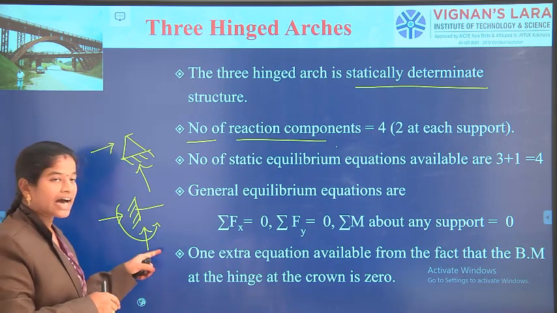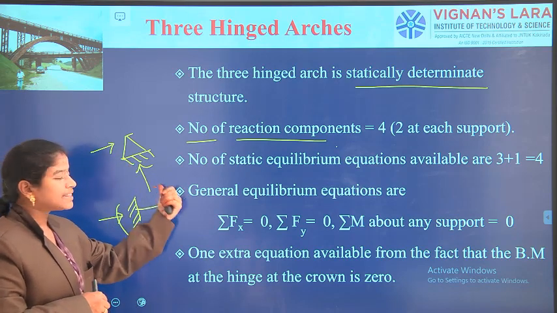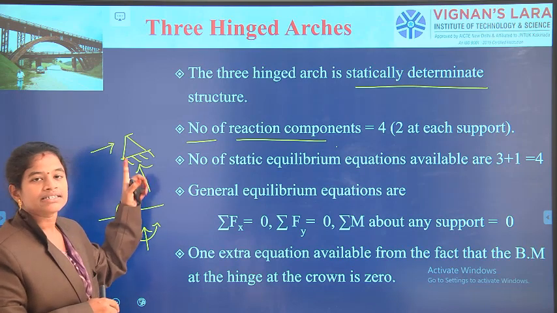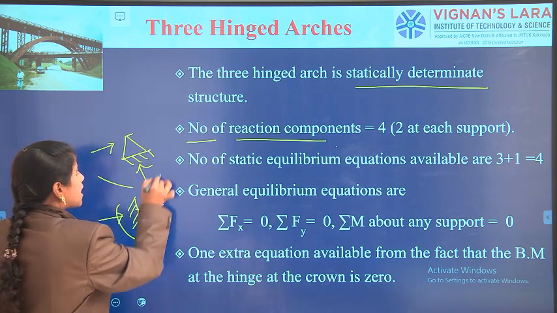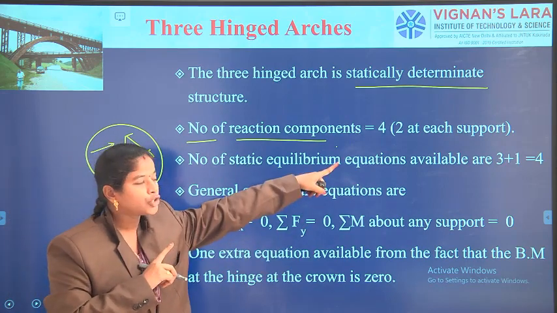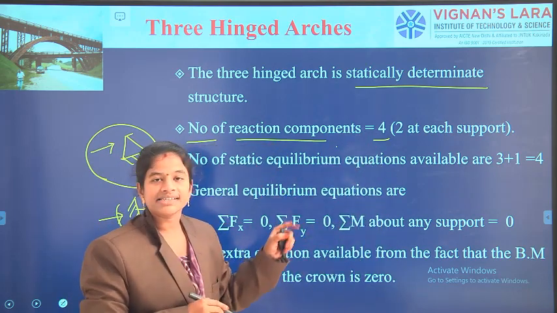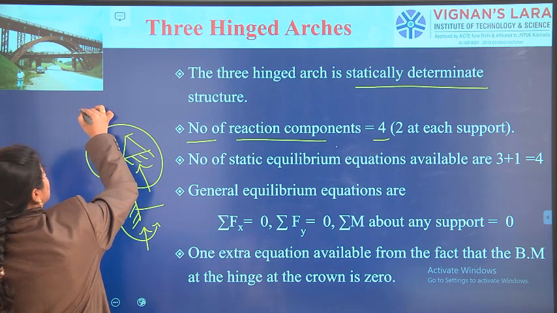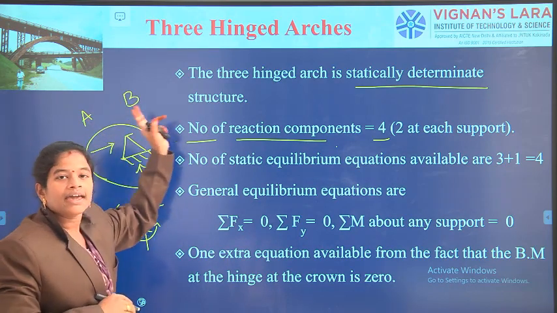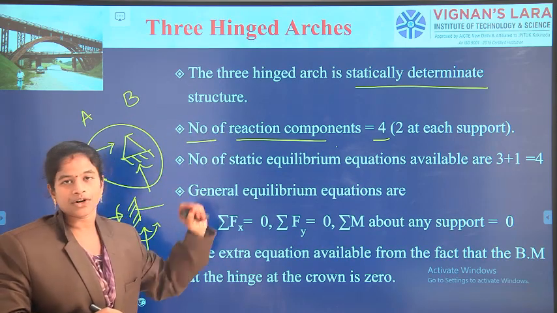So these three are the reactions at a fixed end, and these two are the reactions at a hinged support. Now we have hinged supports, and at both supports we have two reactions, so in total 4 unknown reactions. With supports A and B, they are VA, VB, HA, HB. These 4 are our unknowns, right?